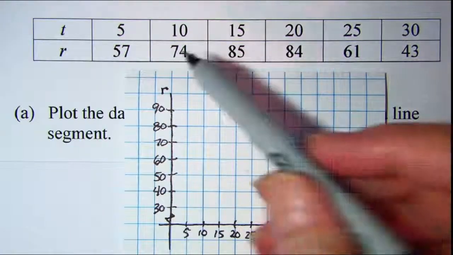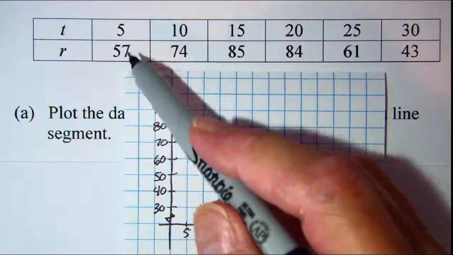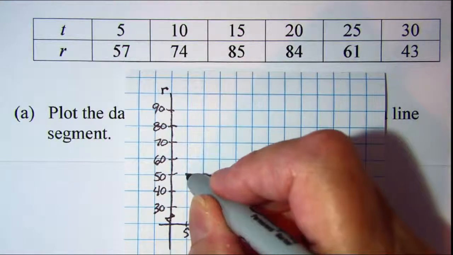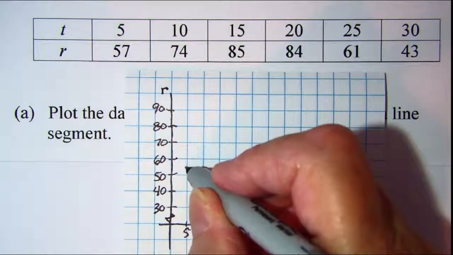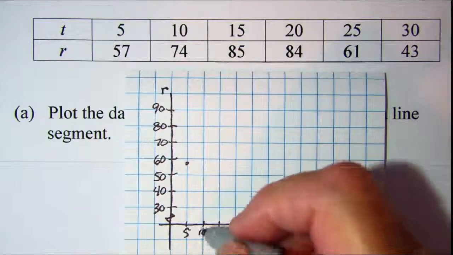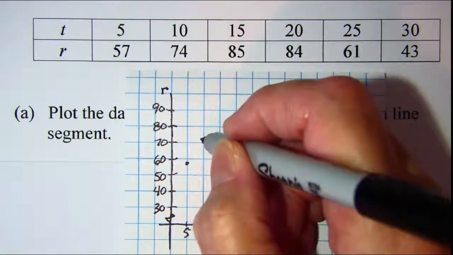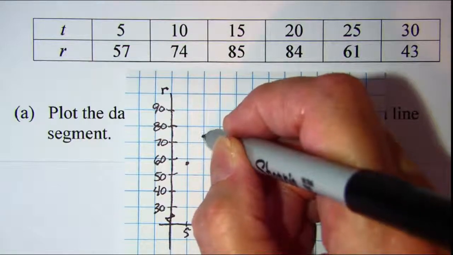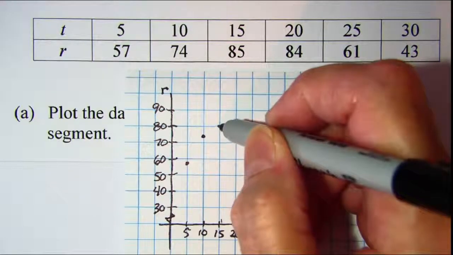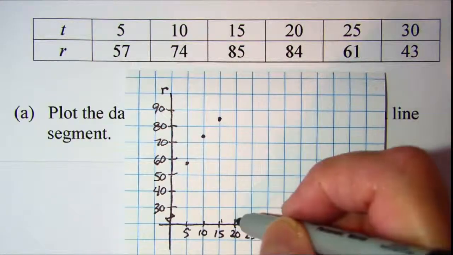So if we plot these things, it's just going to be an estimate. At time 5, we had a rate of 57 miles per hour. So 55 would be halfway, 57 then will be about here. At 10, we had a rate of 74, which is a little less than half. 15 is 85, so 80 and then 90, halfway between 80 and 90.